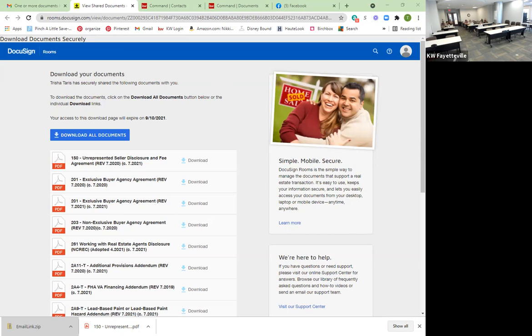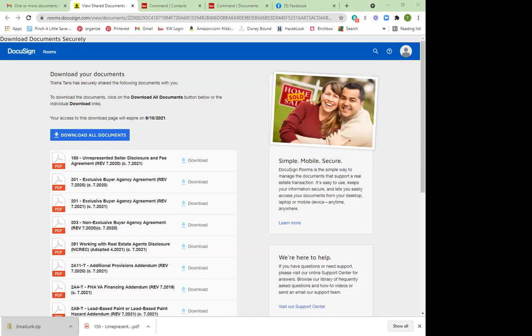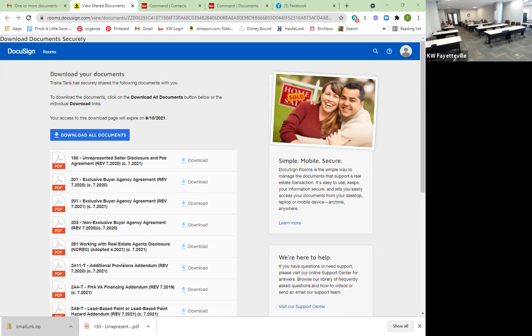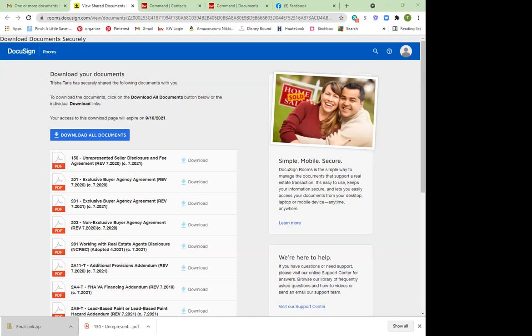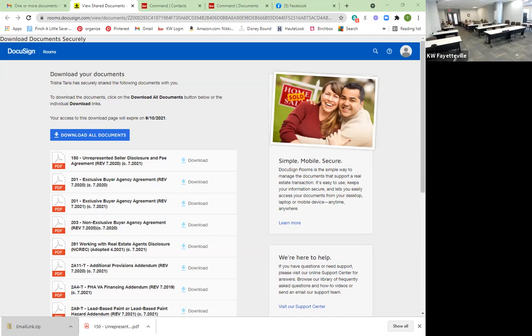Does that make sense? That makes sense. So a seller is not doing the appraisal? No, the buyer does. The seller is going to accept one that they're okay with.